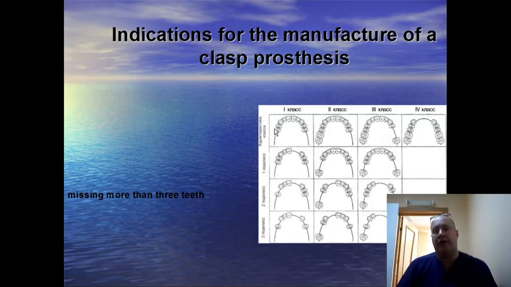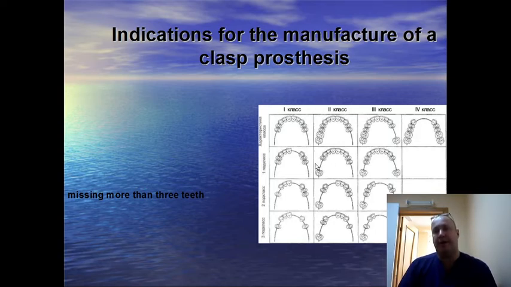Also bilateral end defects, unilateral end defects, and complicated defects, when we have an end defect on one side and an included defect of more than three teeth on the other side.